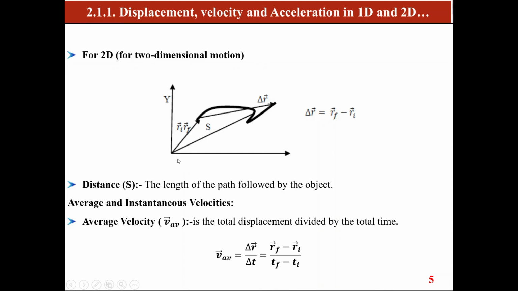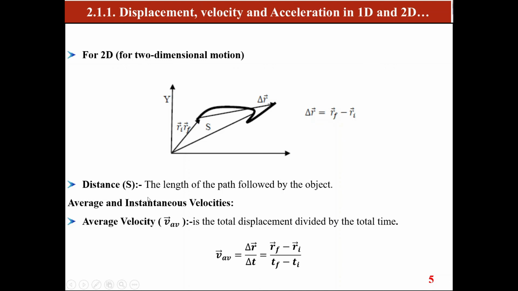So r final is here, this is the point of r final. Therefore, the change in r is the final position minus the initial position from this reference frame, which is the change in r value in the case of two-dimensional motion.